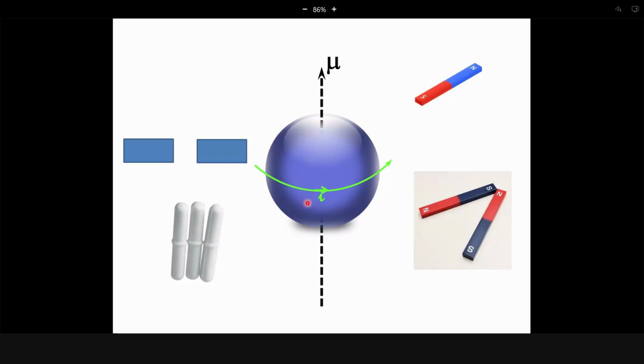Because of this, the nucleus could be considered as a magnetic bar because it has magnetic properties. So in a molecule, each atom or nucleus will behave as a magnet if the spin number is not equal to 0.